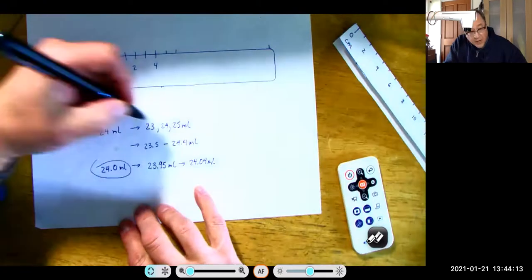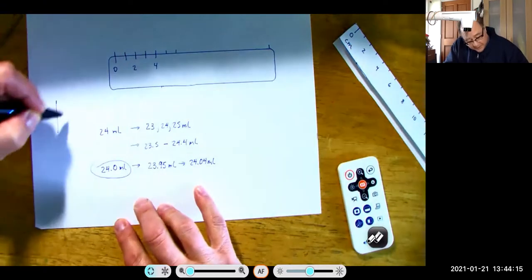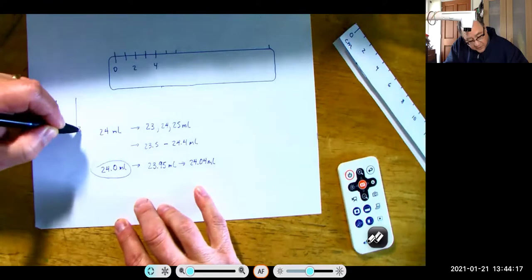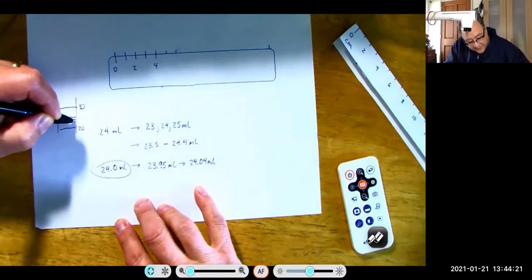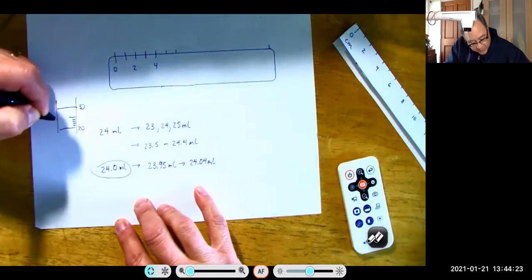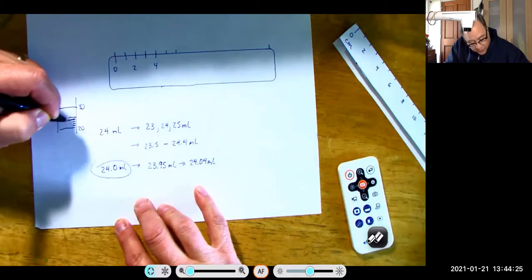Also from that drawing, so I'm going to draw it again here, we had a 20, we had a 30, and we had nice even divisions here. And it was right there at that 24.